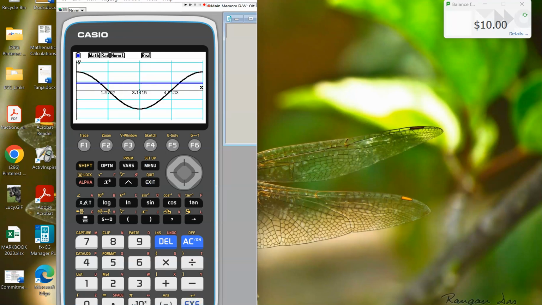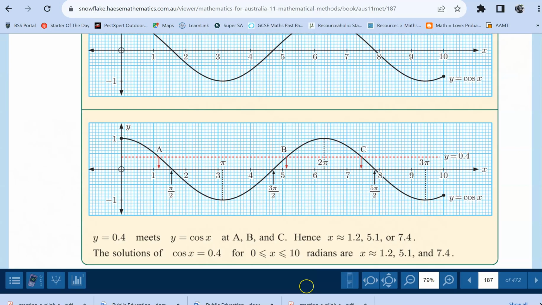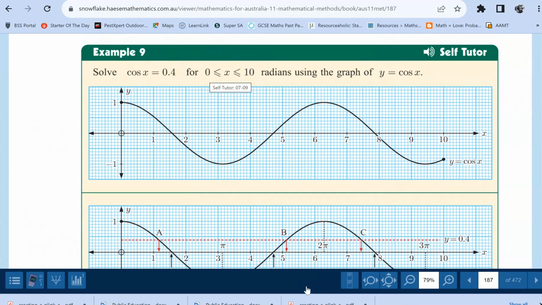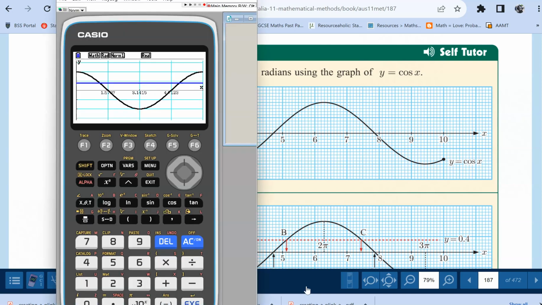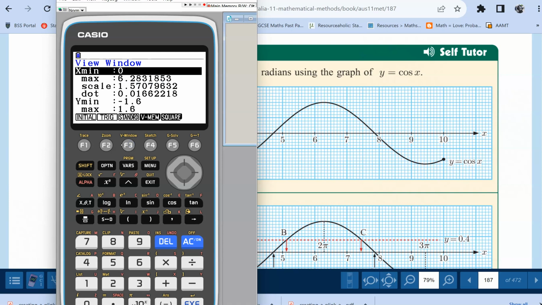We are trying to do this question here. What do I need to do? I need to change my scale. Sorry, Felipe, was that too quick? So how do I change my scale? Shift, view window, and instead of going from 0 to 6, I'm going to go to 10.